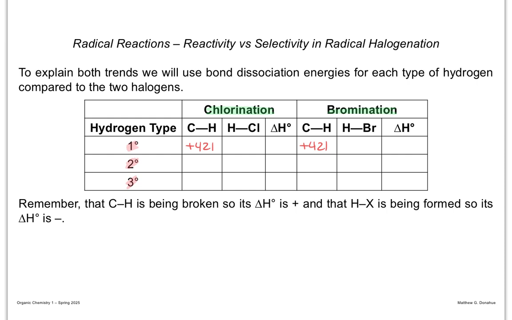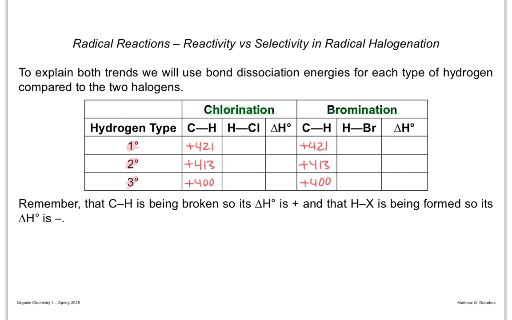Our average secondary is plus 413. Our average tertiary is plus 400. So again, that right away tells you, if you're starting from 0, what number do you hit first? You hit 400. That's the easier bond to break.